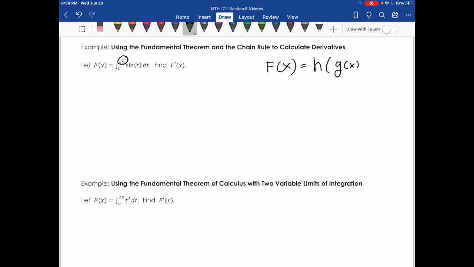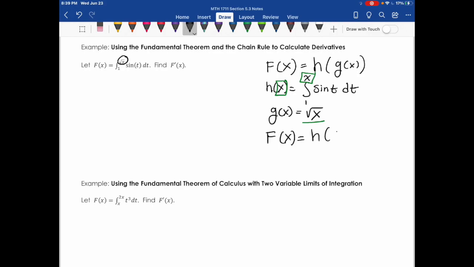So think of F of x as a composition function of h of g of x, where h of x is equal to the integral from 1 to x of sine t dt, and g of x is the square root of x. So when I find h of g of x, that means I'm going to take the square root of x and plug it in everywhere I see x.